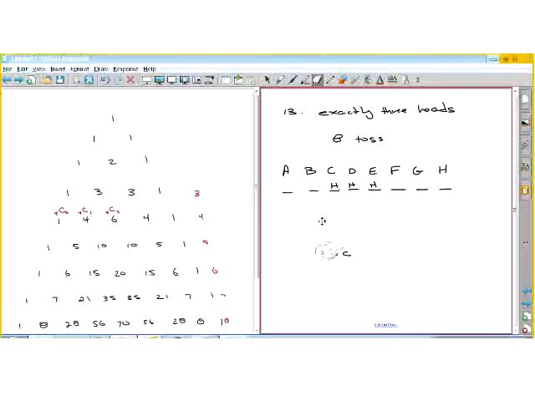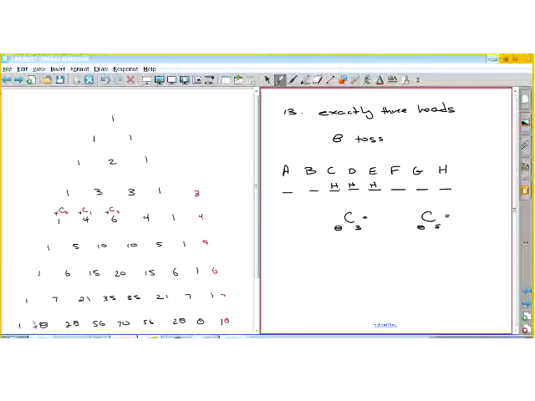So by doing that, you can write it as a combination. You've got 8 slots that you can stick the heads in, and you're putting them in 3 at a time. Now you could do the same thing for tails. You'd have 5 tails. If you do 8 things 5 at a time, you'll get the same result. So you can either put the heads in certain locations or the tails in certain locations.